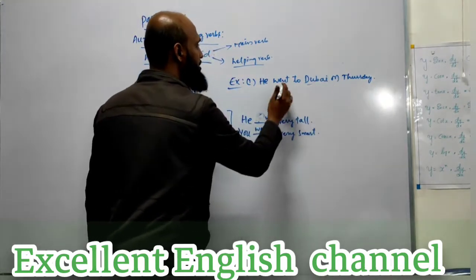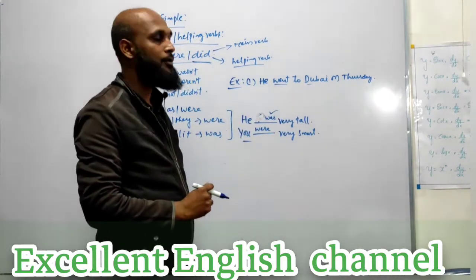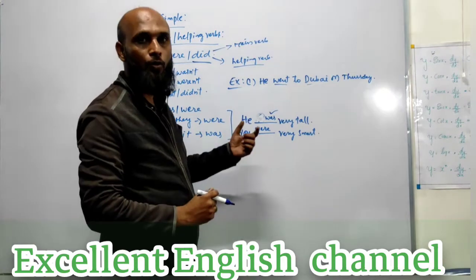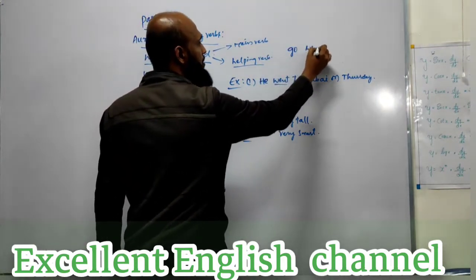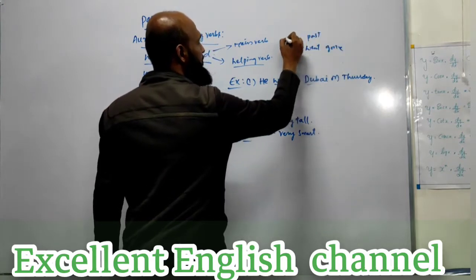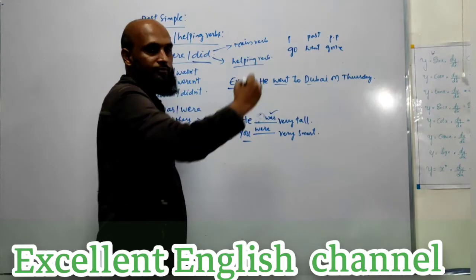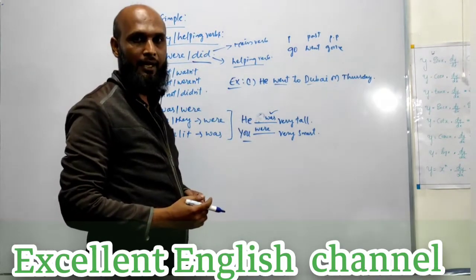So he went. The word went is a past form of go. I think you are aware of these verbs. Go, went, gone. This is the present form, this is the past form, and this is the past participle form. So he went to Dubai on Thursday.